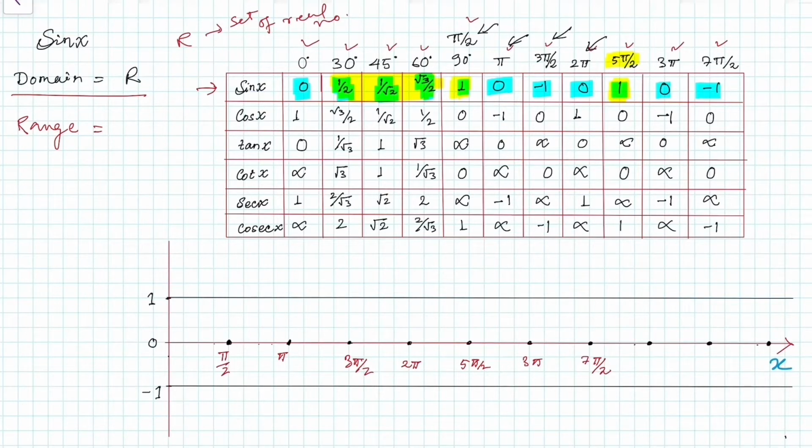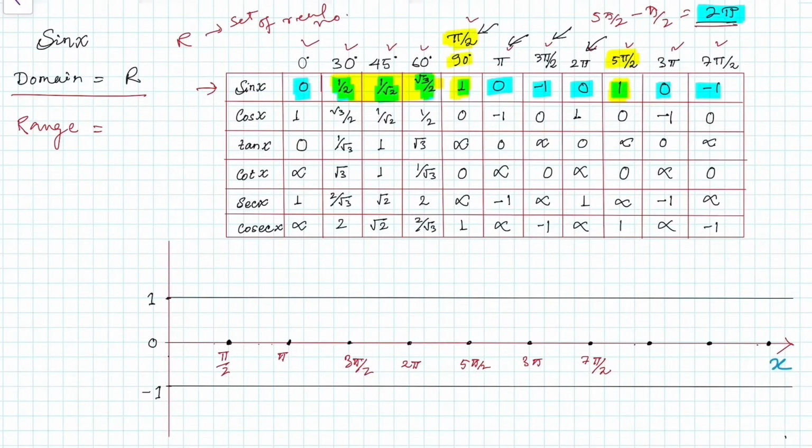So its value is repeating after the interval of 5 pi by 2 minus pi by 2, that's equal to twice pi. So this is the period. It is a periodic function and its values are repeating after twice pi.